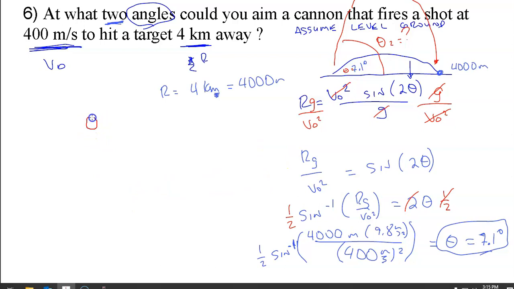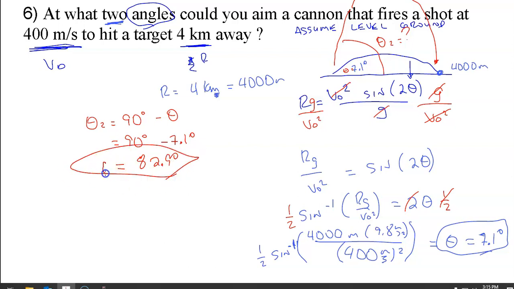To get theta 2, you just take 90 minus the first one. So here that would be 90 degrees minus 7.1 degrees, and we're looking at 82.9 degrees. So either one of those would work. You could think about a cannon, you could think about a mortar. Either one would drop it in right there.